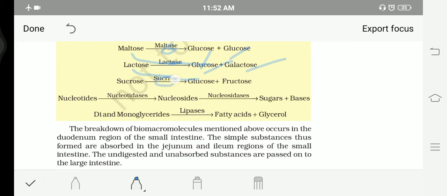Then sucrase, also called invertase, breaks down sucrose and gives one molecule of glucose and another molecule of fructose. In this way, carbohydrate digestion is complete. The end product of carbohydrate digestion is glucose.